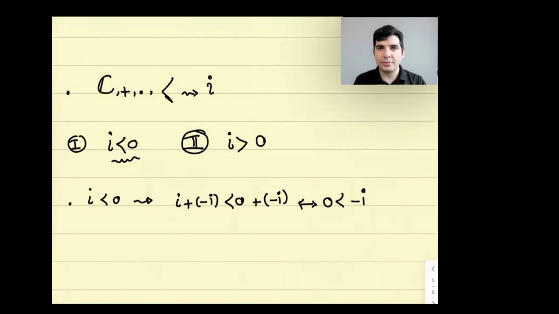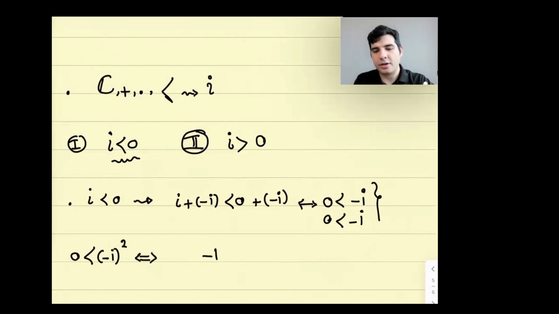So minus i would be larger than 0. But if minus i is larger than 0, using the fact that if A is positive and B is positive, A times B is positive, we get minus i times minus i should be positive. And we know minus i squared is -1, so -1 should be positive.